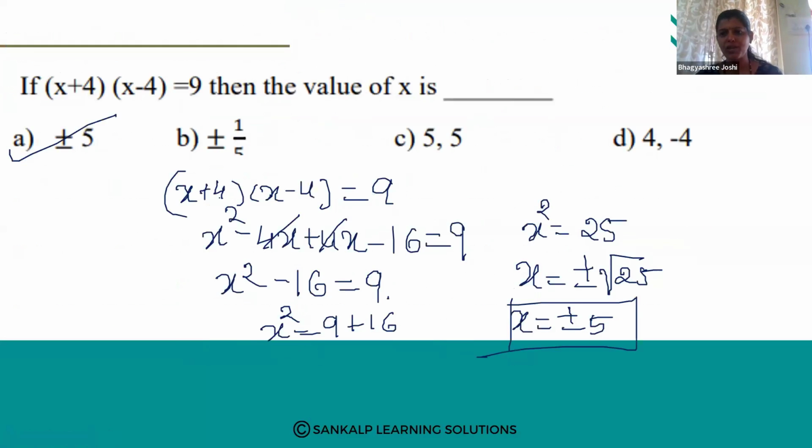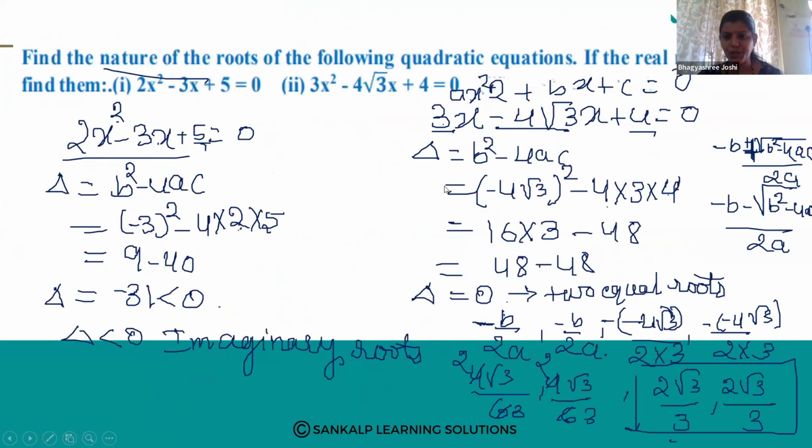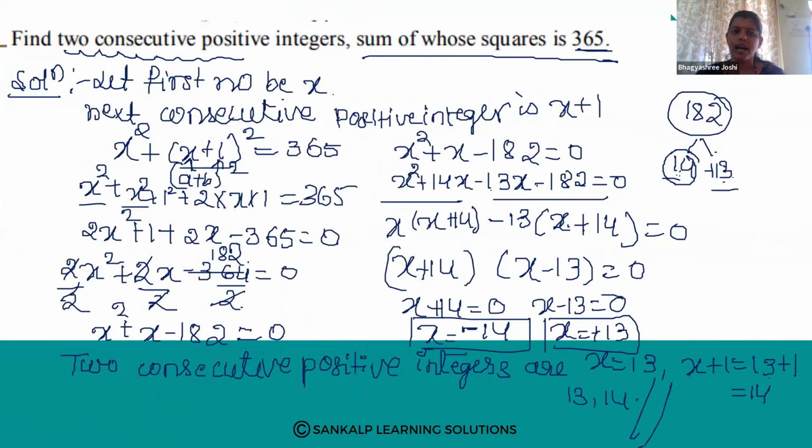In the last class only, we have solved all these examples, right? So find the roots of the equation, find the nature of the roots, right? And also we solved some 2 marks questions, that is find two consecutive positive integers, right?